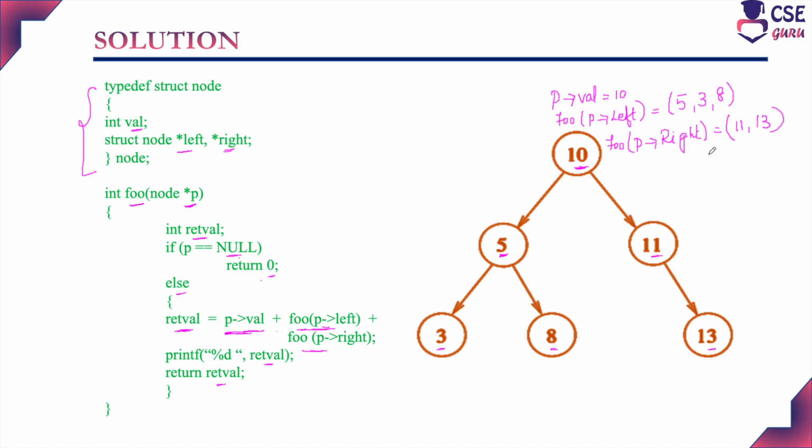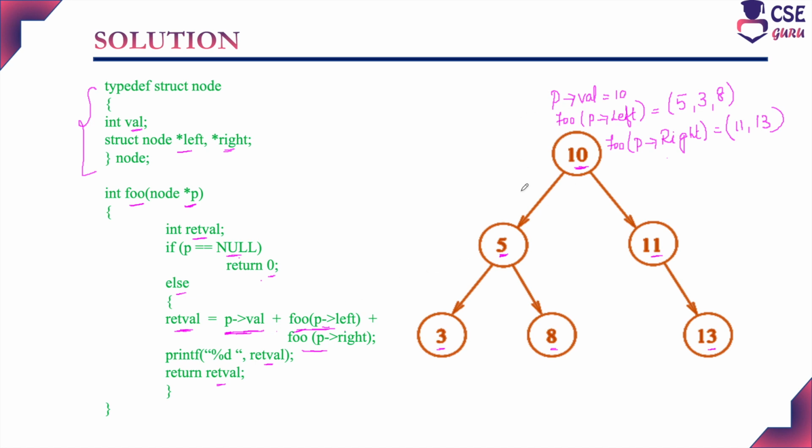Then finally, we have to add p value plus left node value plus right node value. So we know the p value for this node, then we need to find the value for the left node by implementing the foo function.